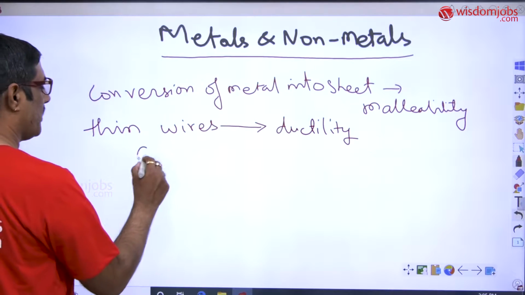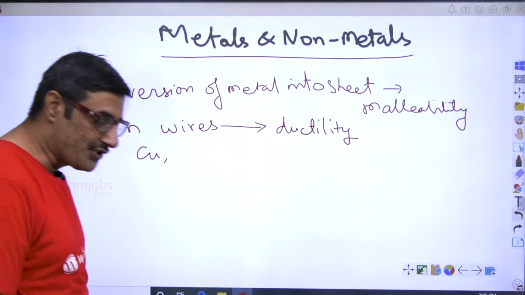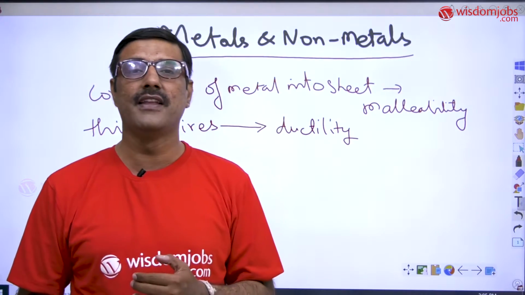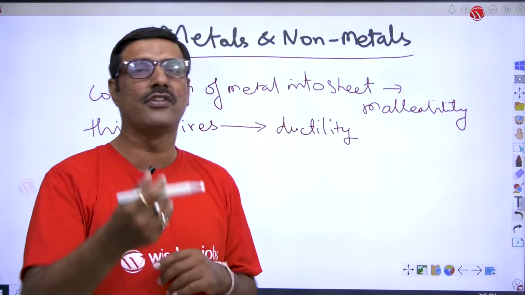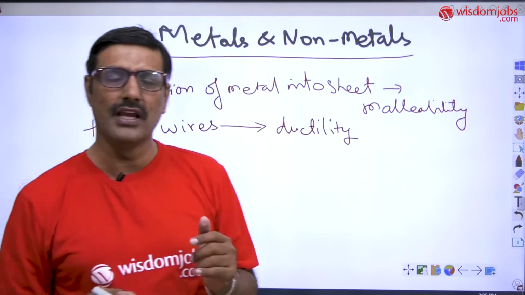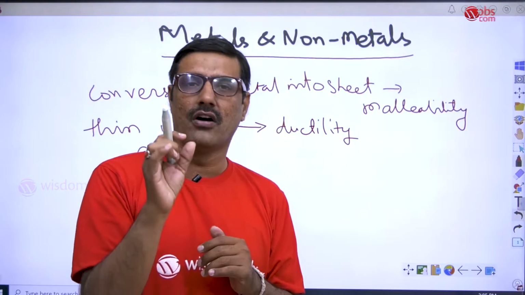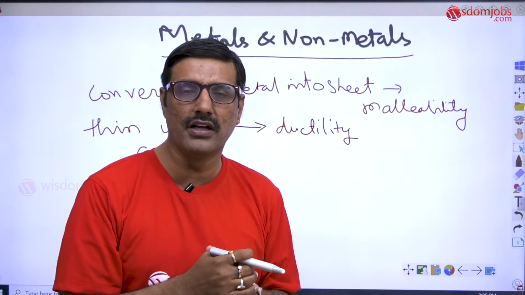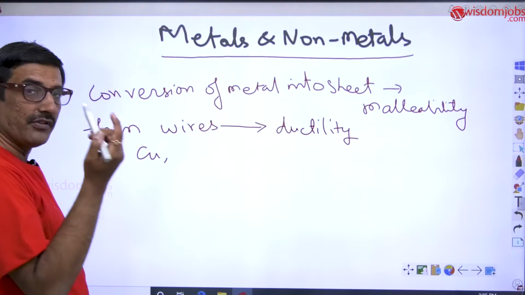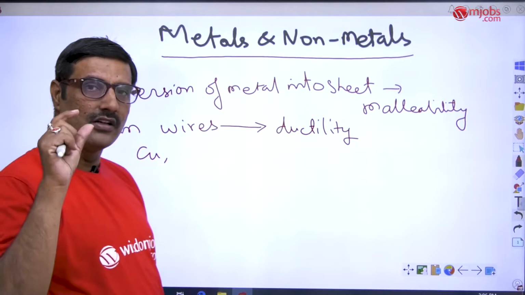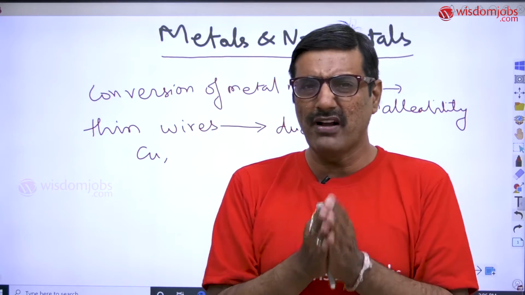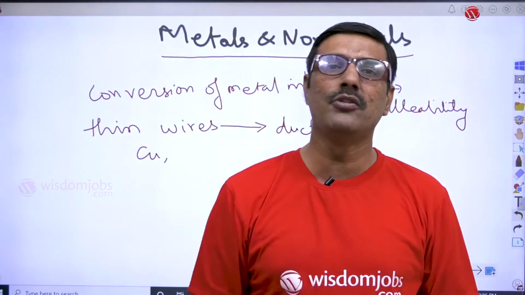Next, if you take our gold chains, all our ornaments in the form of gold chains or platinum chains, they are first converted into wires, and then they are twined into a big chain. Three or four gold wires are twined into a chain that we wear. Even a ring is basically a wire made into a ring.